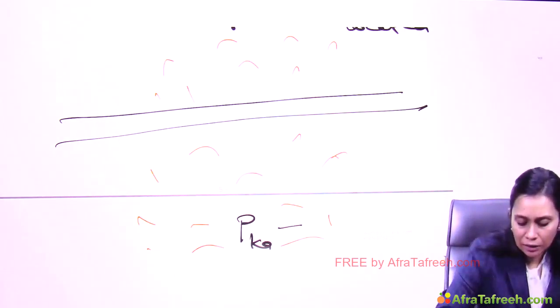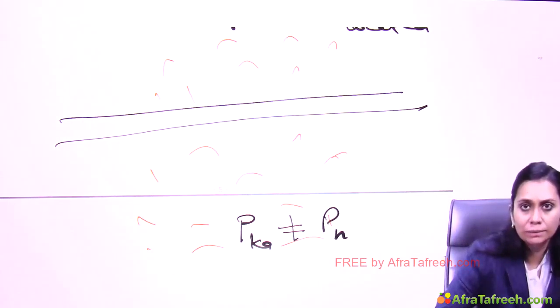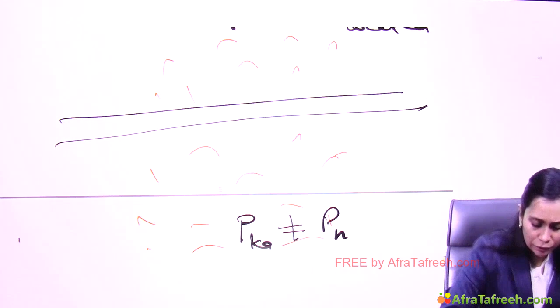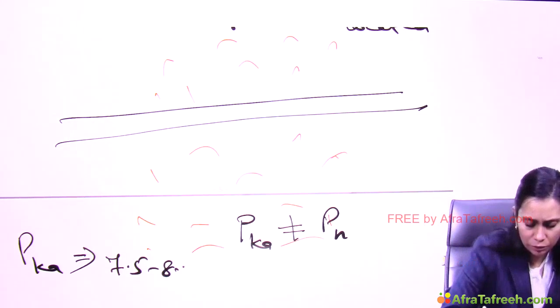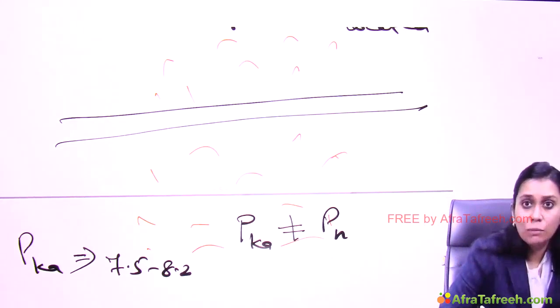And the area has its own pH, the area where I am depositing local anesthetic. Now, you know, the pK of most local anesthetics is from 7.5 to 8.2. That is, it's more on the alkaline side. The area has its own pH. It will never match. So what happens?